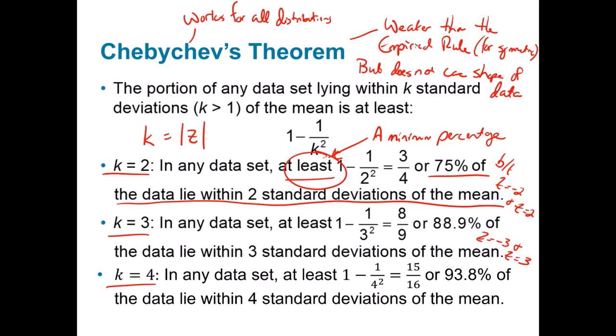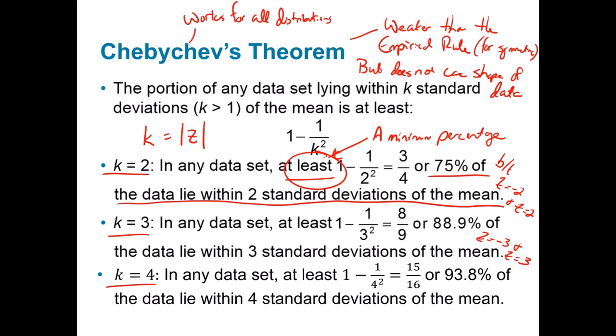Now again, with the empirical rule, you're getting something stronger, because you know it's exactly 99.7, or 99.7 and some change percent. So we know we're getting something stronger with the empirical rule. So if you have a symmetric distribution, which rule should you probably use? Empirical rule, right?